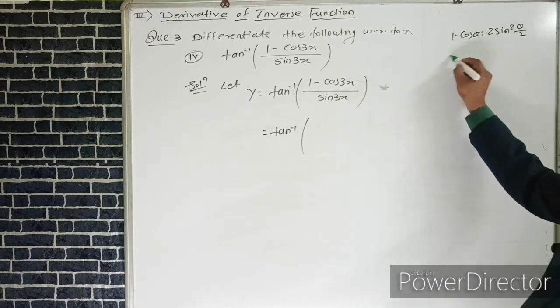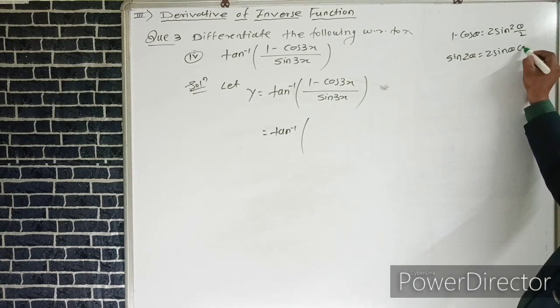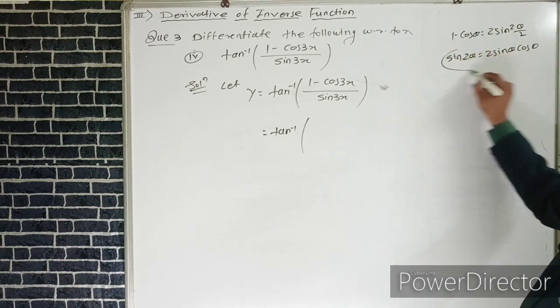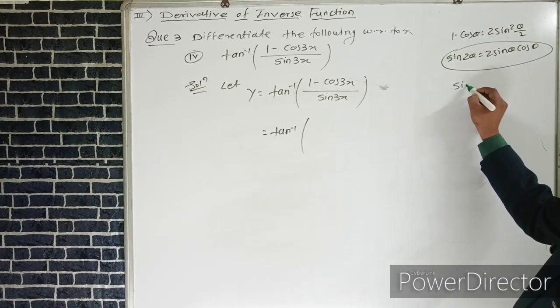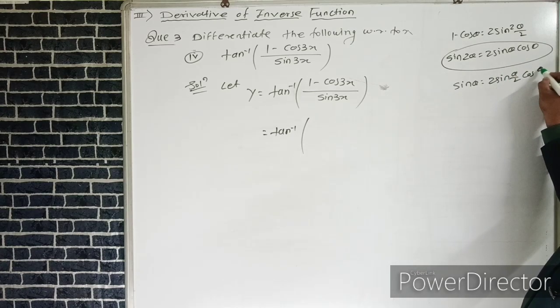And we know that sin 2 theta is equal to 2 sin theta into cos theta. From this we can write sin theta as 2 sin of theta by 2 into cos of theta by 2.